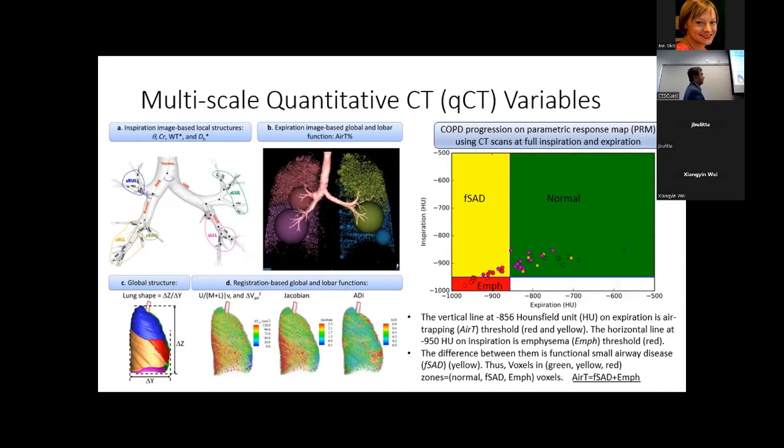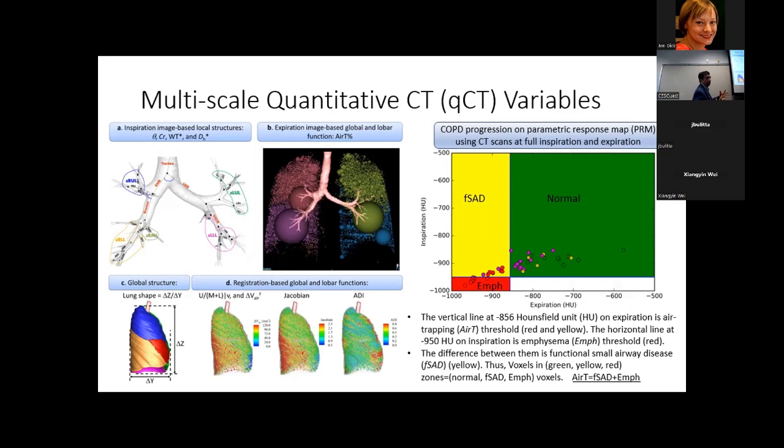So we can use registration of the inspiration and expiration scans to further identify FSAD and emphysema voxels. We can also use registration information to derive the regional ventilation distribution for the whole lung at voxel level. Also, Jacobian means deformation, and ABR means tissue deformation.